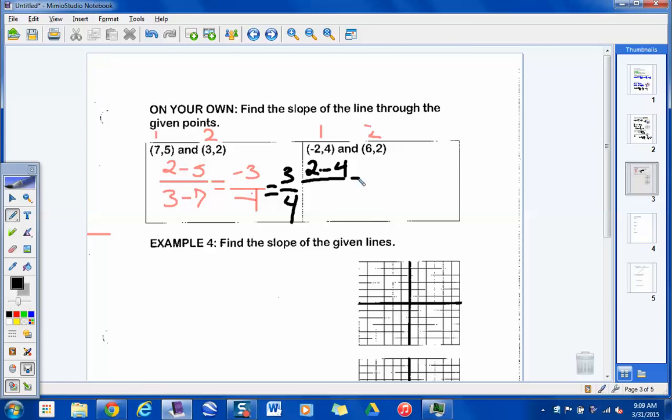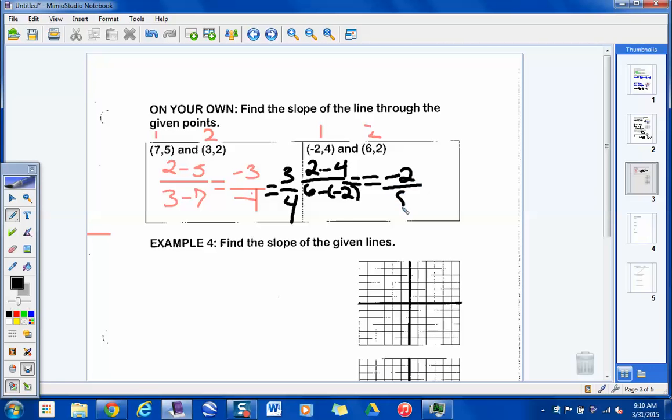And then 6, because it's the first x, and then negative 2, because it's the second. Very good. Guys, one thing I want to point out too, and Taryn nailed this perfectly today. Anytime you substitute a negative number, you might always want to put what around that negative number? Parentheses. I think that's a great tactic right there. Okay, and it equals negative 2 over 8. But I think you can simplify.